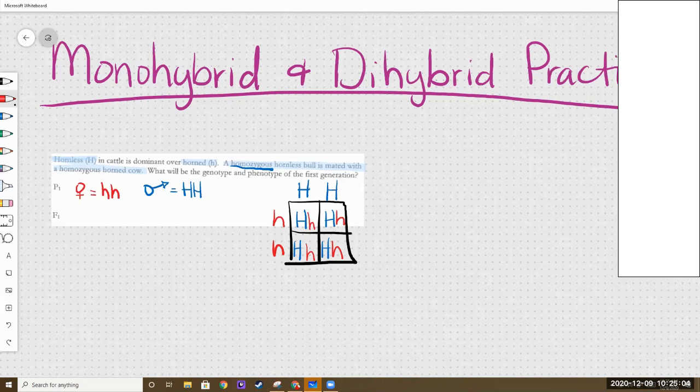Now we're gonna break it down and we're gonna see what does this information tell us. In the boxes, this represents the possible offspring. You can have two or you can have one. If you have at least one capital, and in this case, in every single box, we have the one capital H, you're gonna have the dominant trait, whatever the dominant trait is.